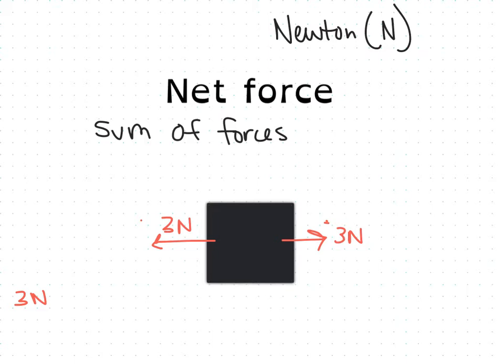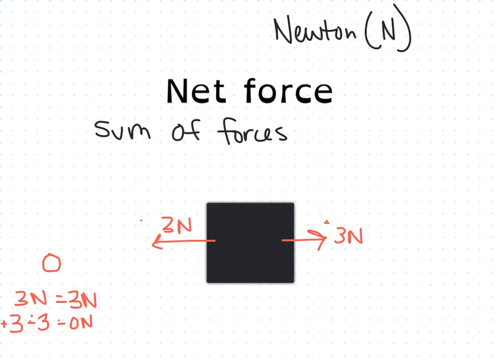So if I have 3 pulling on one side and 3 pulling on the other, if they end up being equal, then there is a net force of 0. So again, it is kind of like positive 3 plus negative 3. And when you add those together, we get 0 newtons. And that would say that our object isn't moving.